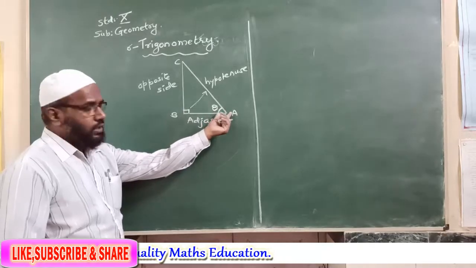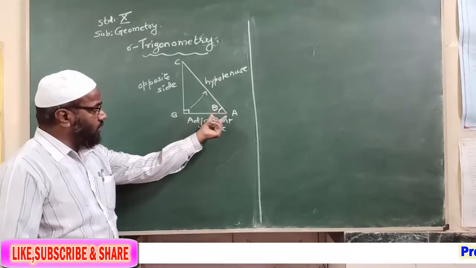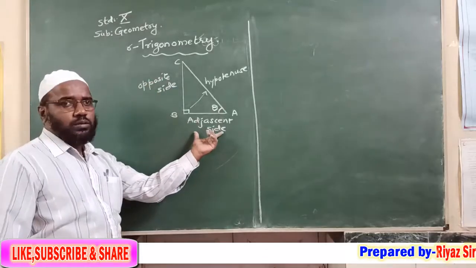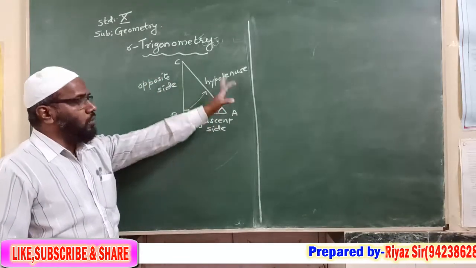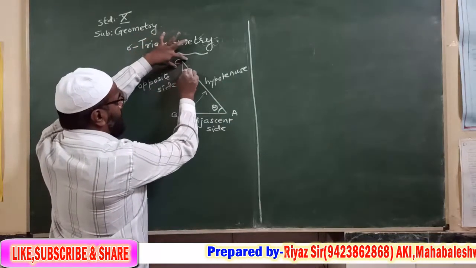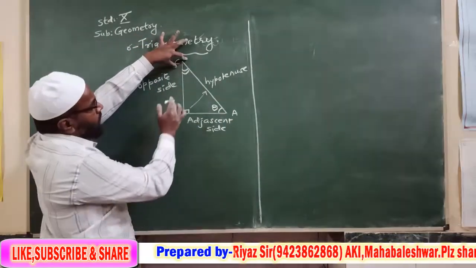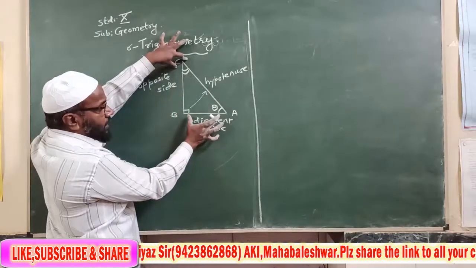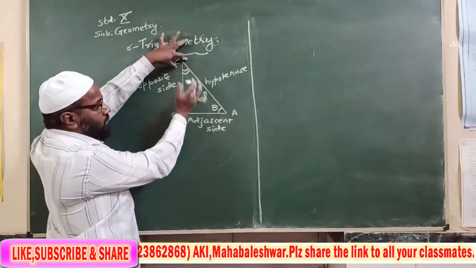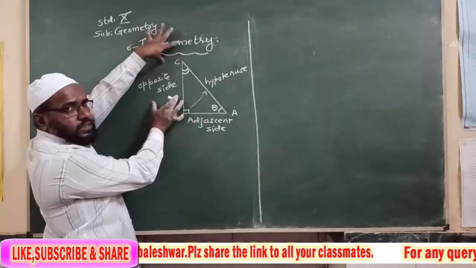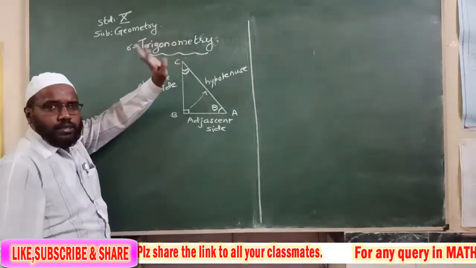If we consider angle A as theta, then side BC is the opposite side, side AB is the adjacent side, and AC is always the hypotenuse. If we consider angle C as an acute angle, then for angle C, side AB is the opposite side, and side BC is the adjacent side, and AC is the hypotenuse as it is.